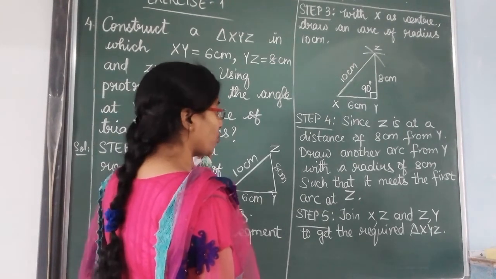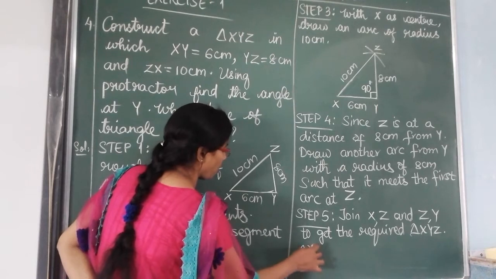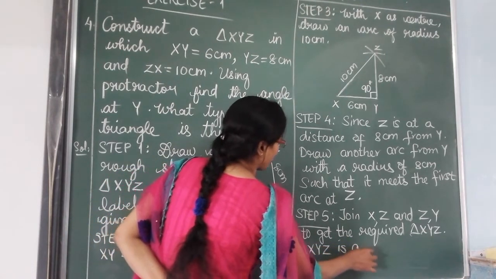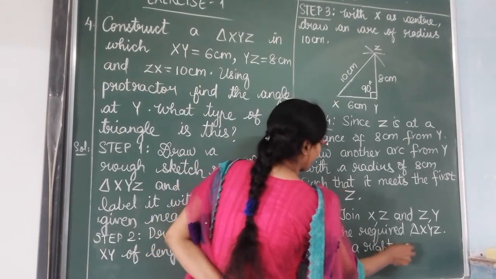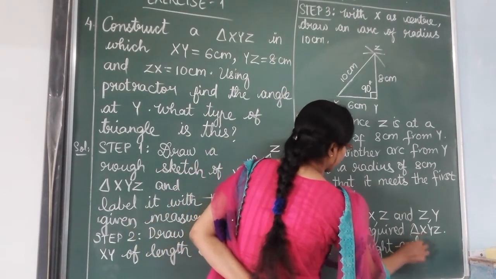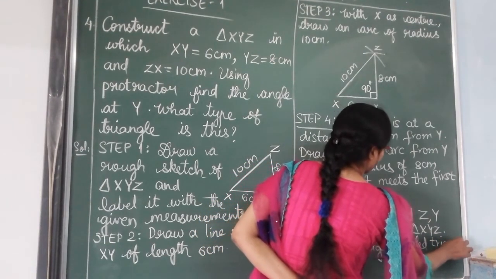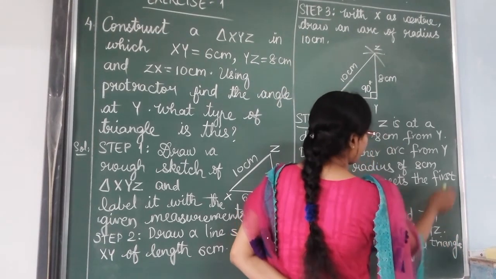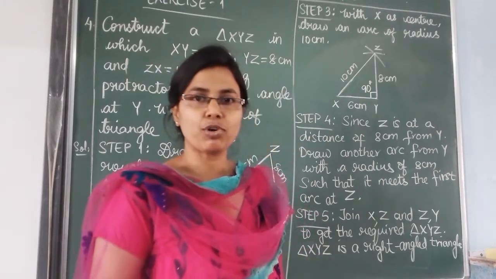Now let us write which type of triangle this is. Triangle XYZ is a right-angled triangle. Understood this? All of you? Okay. Copy this in your class workbooks, children.